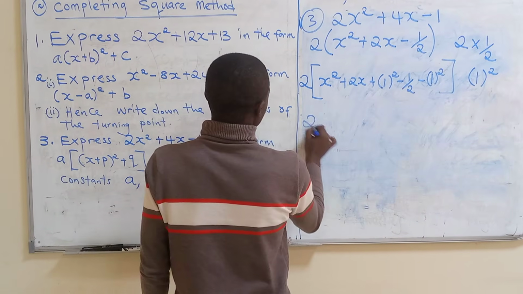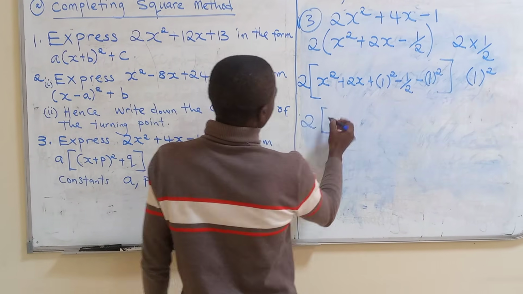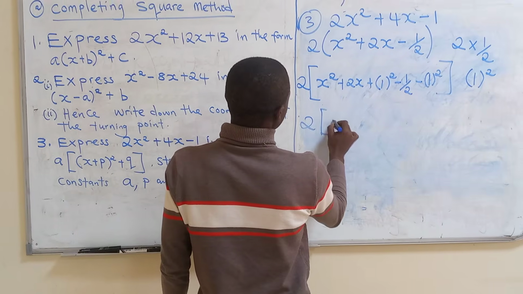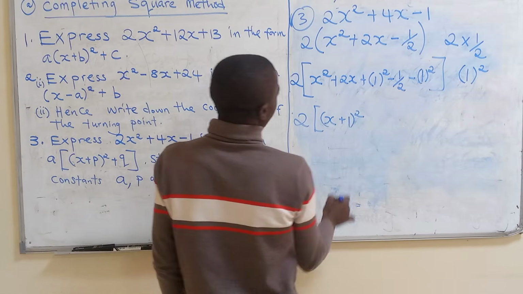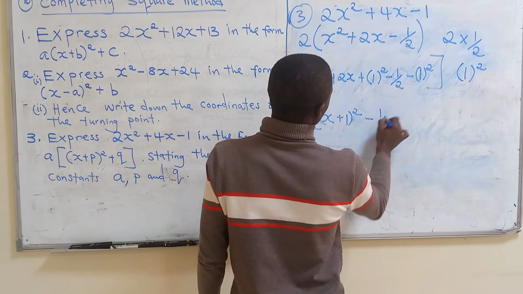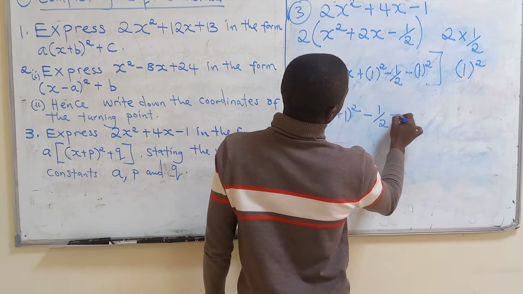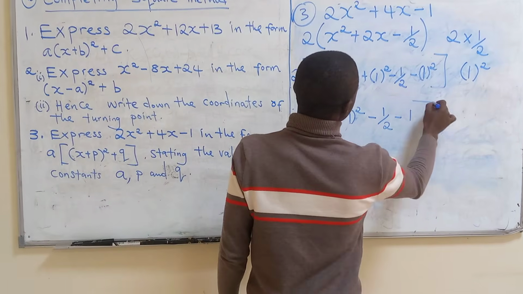So this is 2. So we are going to consider that, which is x plus 1 squared minus 1 over 2 minus 1.